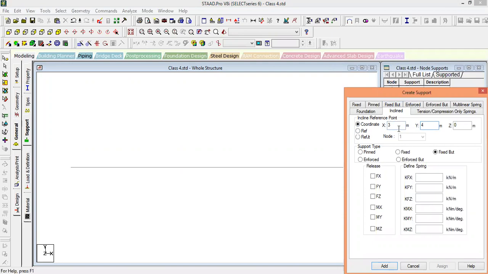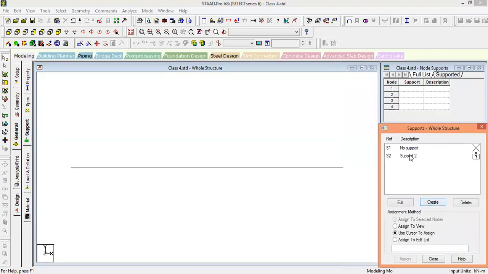Since it is anti-clockwise, you should give the y value positive. If it is clockwise, you should give negative, because clockwise is negative in STAAD and anti-clockwise is positive, right? The support type is pinned. Therefore, you just give add. So we have created the inclined support.